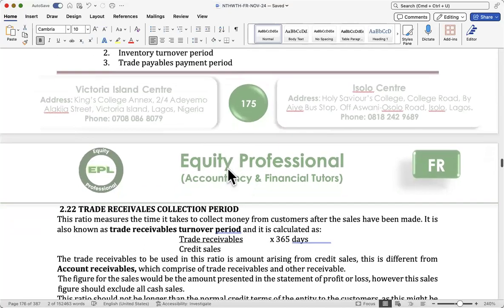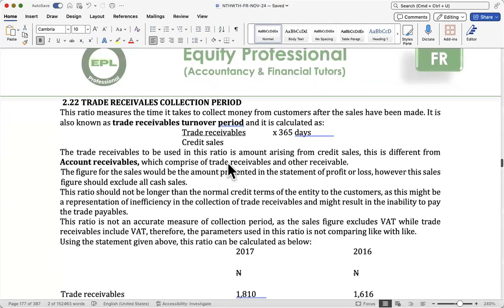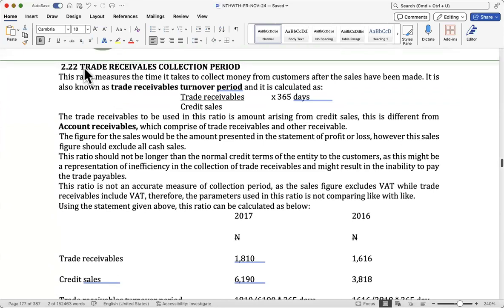Let me start with the trade receivables collection period. In your exam, you can find the examiner call it trade receivables turnover period. I've seen the examiner call it debtors in days.